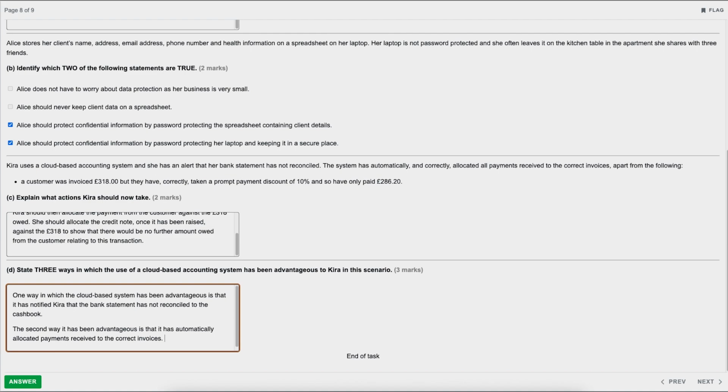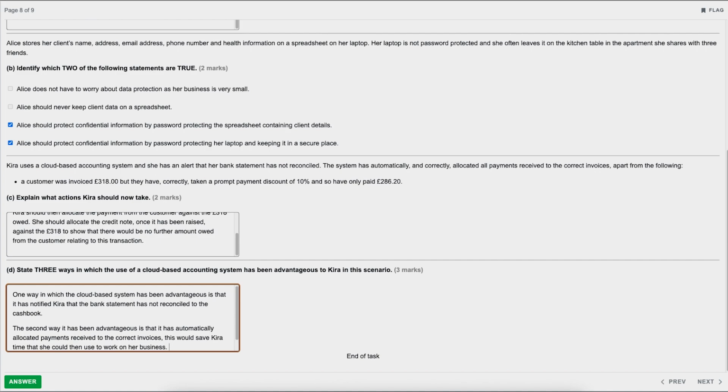Again, that saves time. So in fact, let's add that on the end. This would save Kira time that she could then use work on her business.